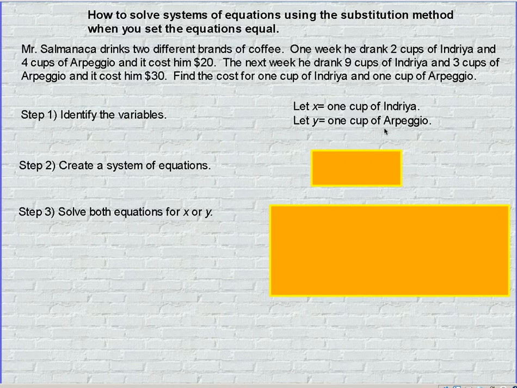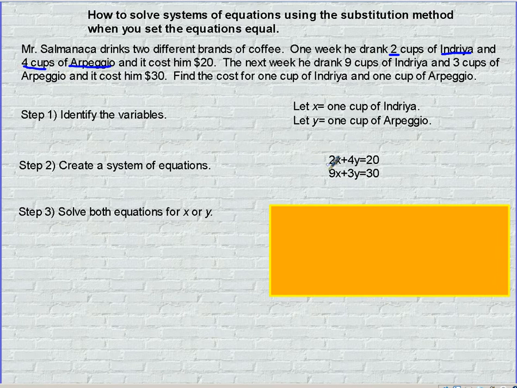Again, pause your screen and see if you can create your system of equations. We have the following. 2x plus 4y equals 20, because for week 1, we have 2 cups of Andrea and 4 cups of Arpeggio.